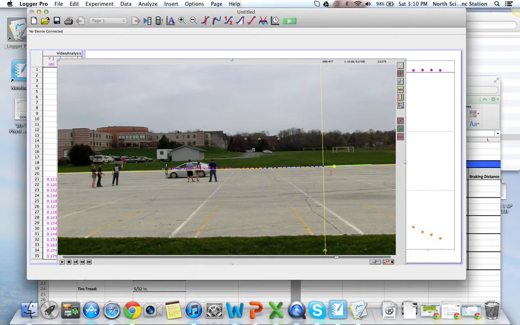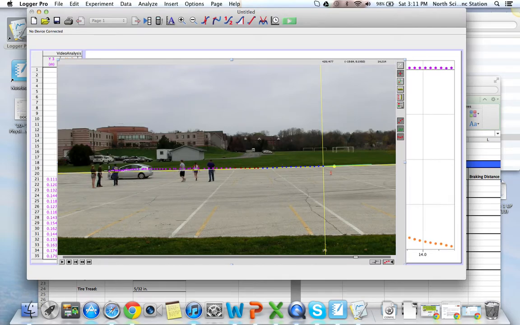Clicky, clicky, clicky. And what you see is a really cool phenomenon when looking at these little dots. In physics we typically call that a motion map. You can see what's happening to my dots as the car slows down. Between each slide there is less and less distance between the dots, demonstrating that my car is slowing down.